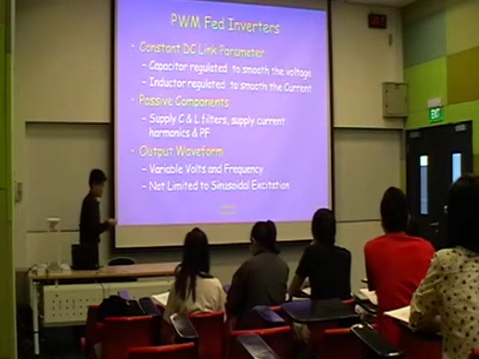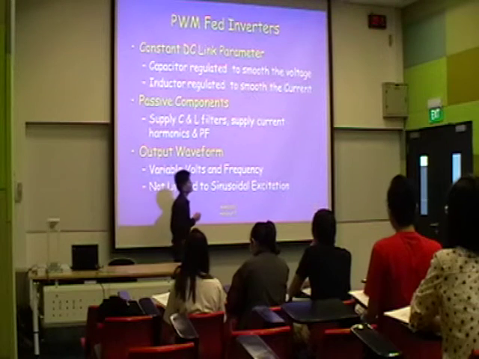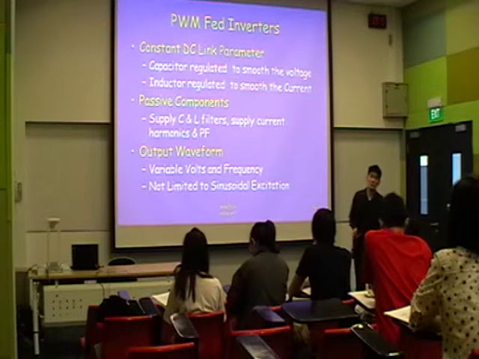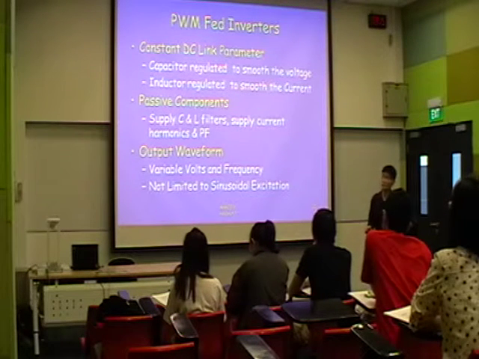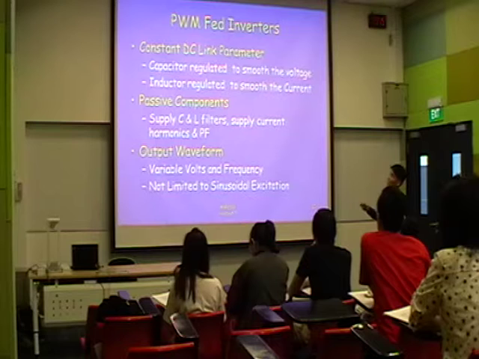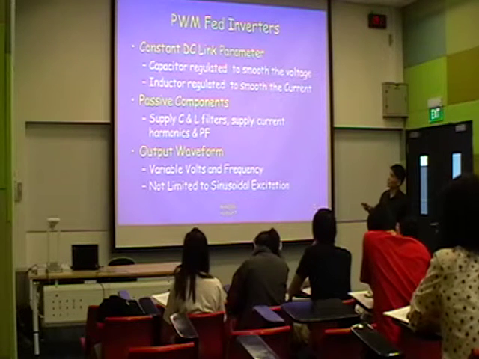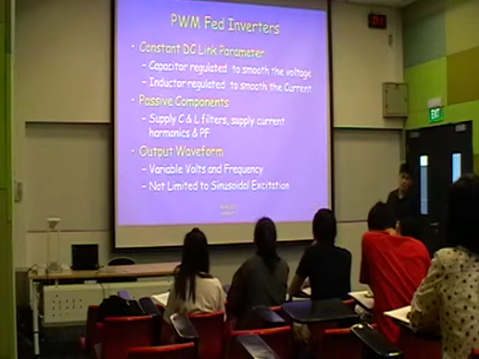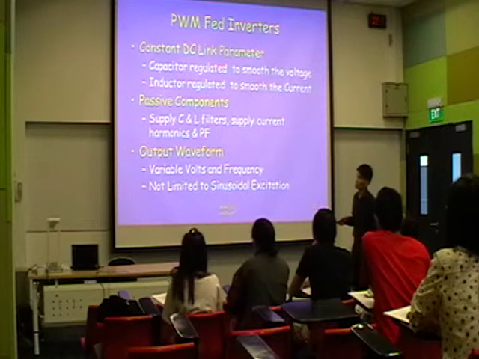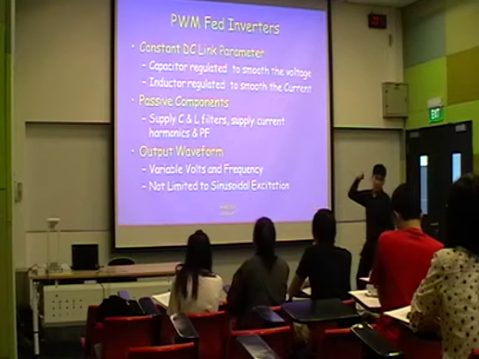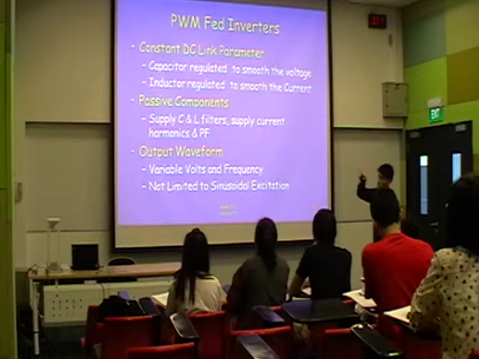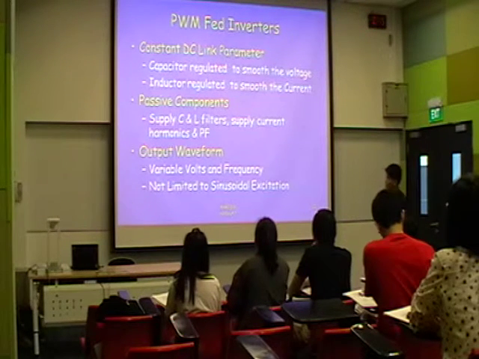So there are some other components that you can see here. Because there's no hands-on test, this is just to give you a few. The constant DC link parameters: the capacitor is to regulate the voltage to be smooth, as you can see from the diagram below. We are trying to regulate the top part of the sine wave to be smoother, to be a DC, so we use a capacitor.